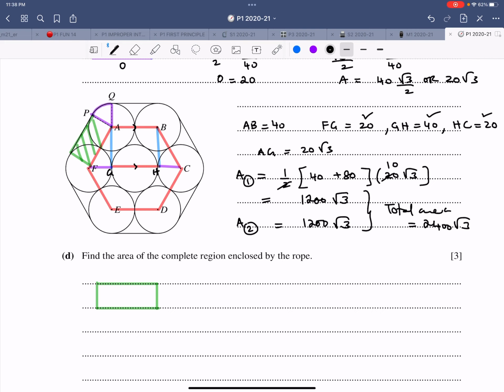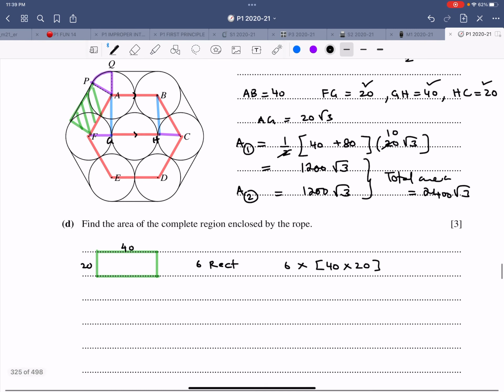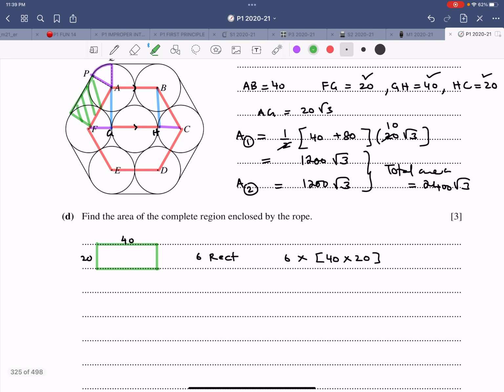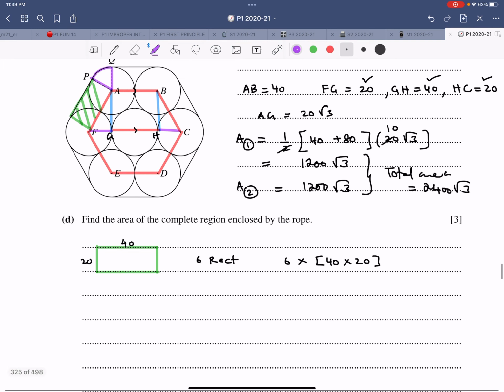So this is 40, and this thing radius is 20. So 6 rectangles is 6 into 40 into 20. And there would be sectors. There would be 6 sectors. So that is like this, like this, like this, and like this. So there would be 6 sectors.